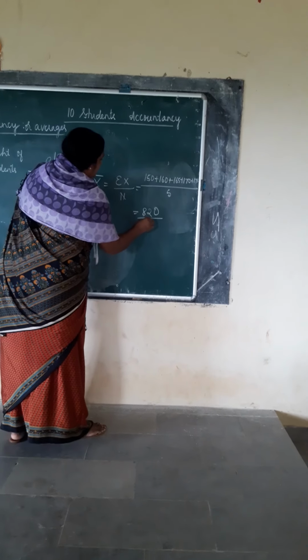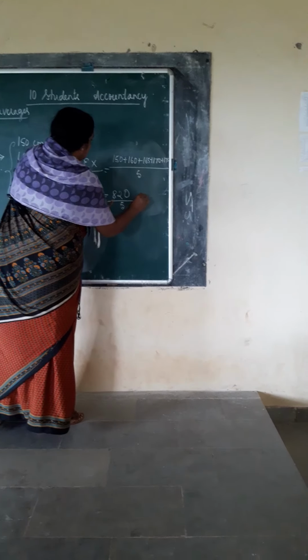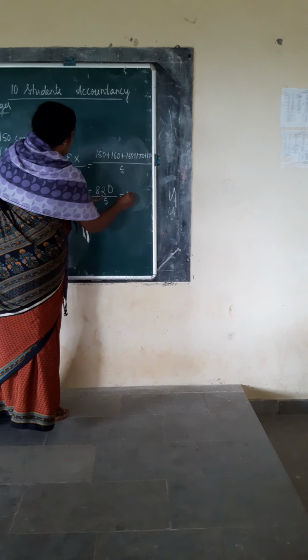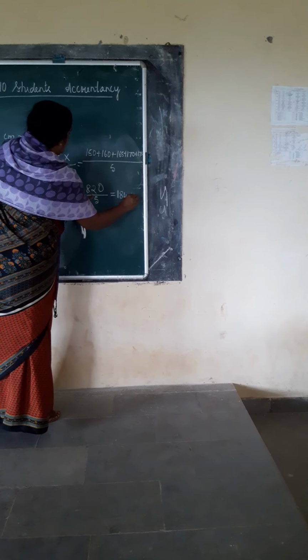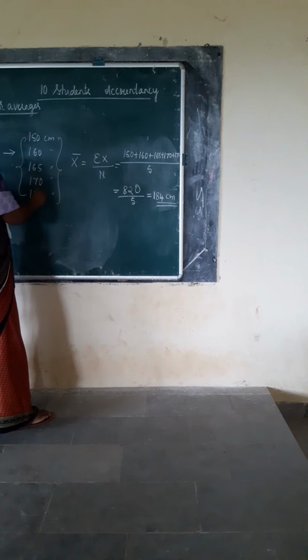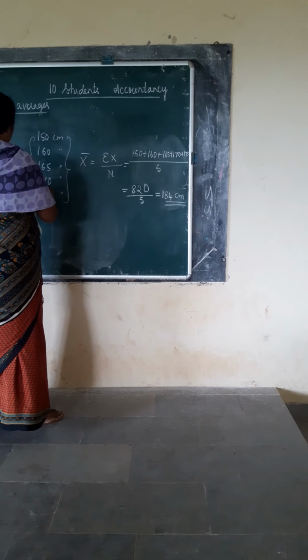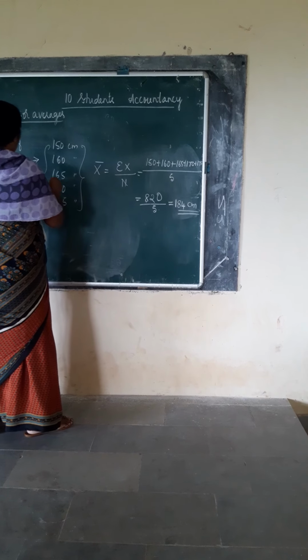820 total divided by 5 is equal to, let us check, 164.